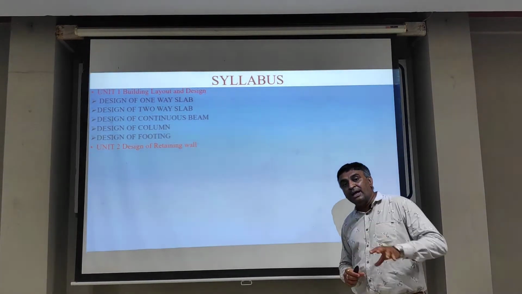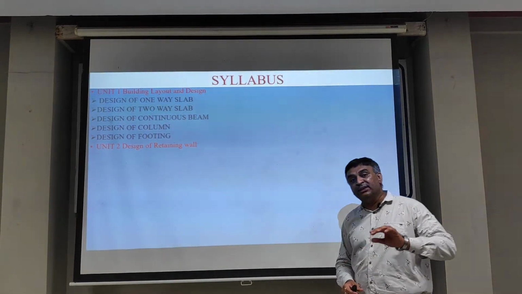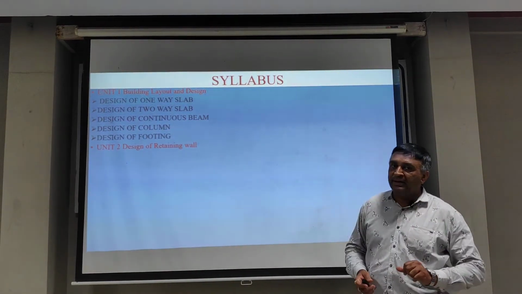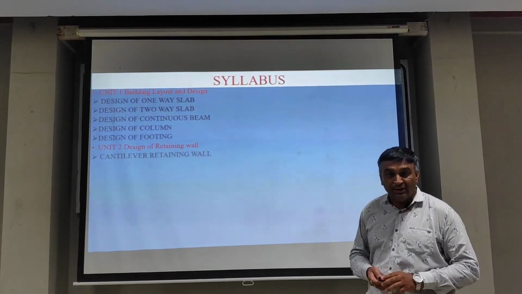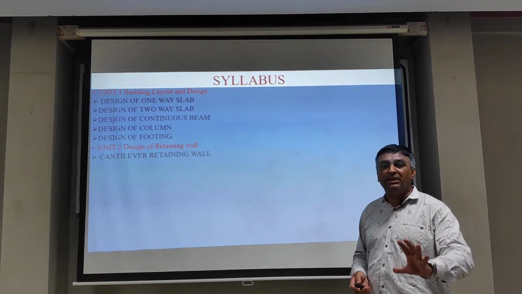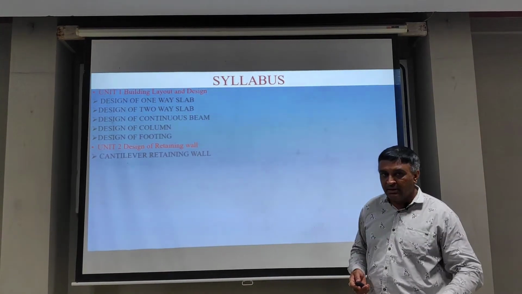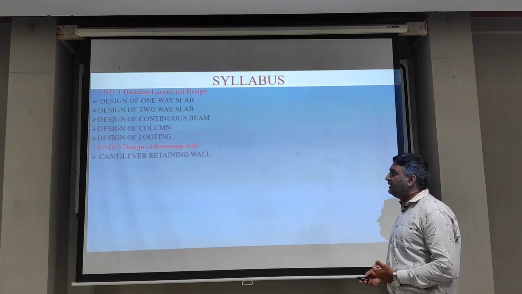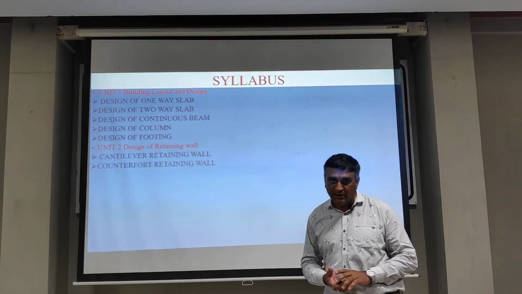In this unit you will study two types of retaining wall. The first is the cantilever retaining wall, and you know what cantilever means: the bottom is fixed and the top is free. The second is the counterfort retaining wall.